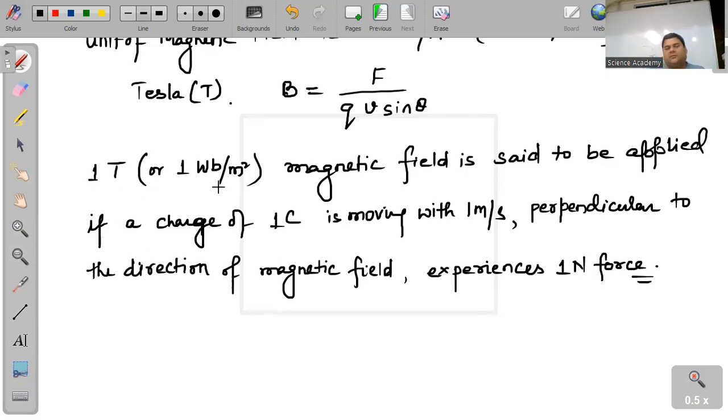Okay? So a magnetic field of 1 Tesla or 1 Weber is said to be applied on a charge if the charge of 1 coulomb is moving with 1 meter per second, and that too perpendicular to the direction of magnetic field, and is experiencing a force of 1 Newton on it. Okay? Then we say that the magnetic field which is acting is 1 Weber per meter square or 1 Tesla.